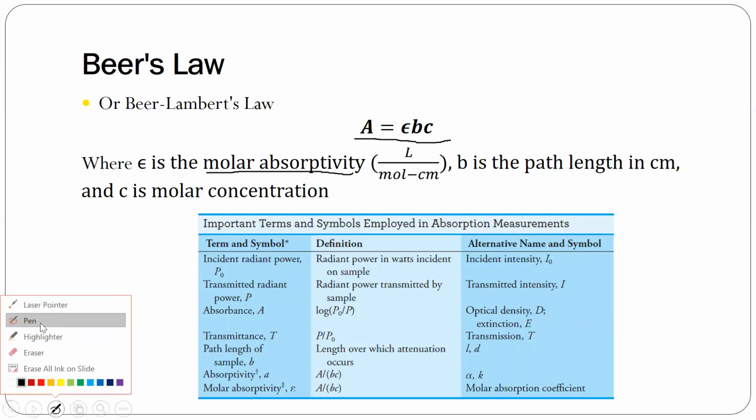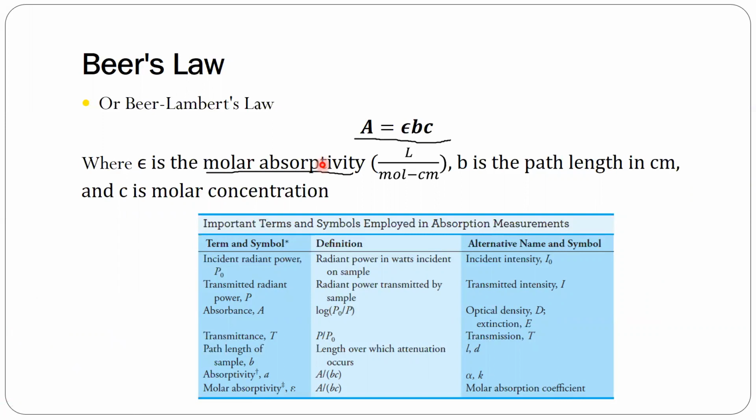It's a constant for the molecule in your container. If you're going to use a molar concentration unit of, let's say, moles per liter, the molar absorptivity should be liters per mole centimeter. Yung B kasi usually centimeter lang yung unit na ginagamit natin. And B is the path length.